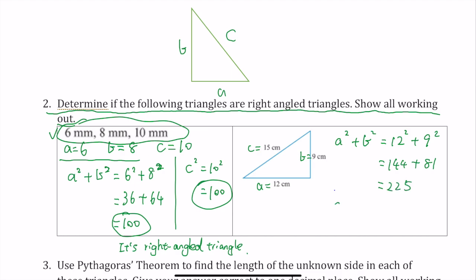Also, let's look at the C. C squared equals 15 squared equals 225, so this is a right angle triangle.